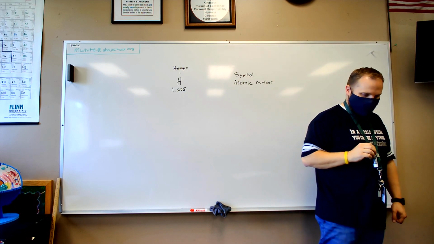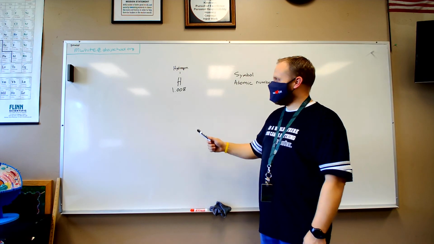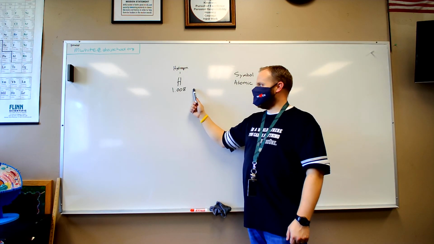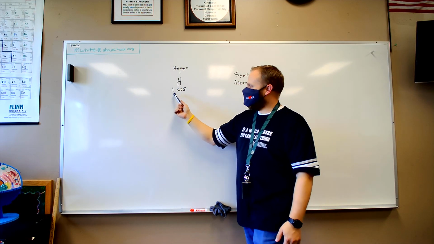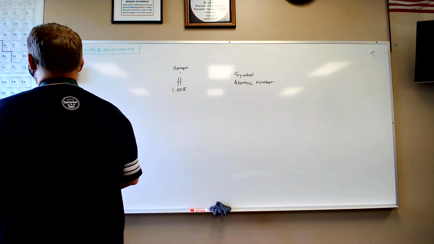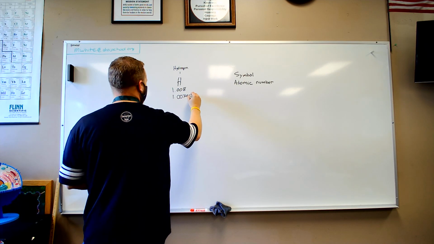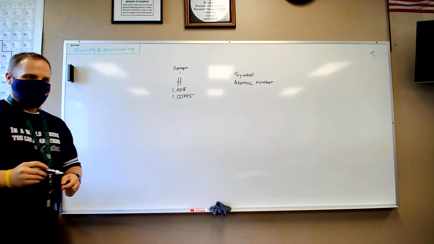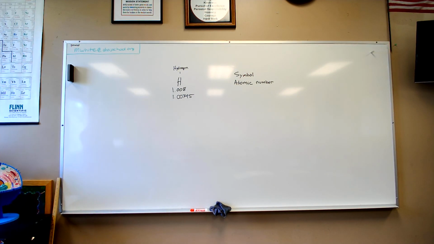So I will also point out, the periodic table in your book lists the atomic mass as 1.008. If you look at the one on the wall, it lists it at 1.00795. Well, the one on the wall is actually more accurate.